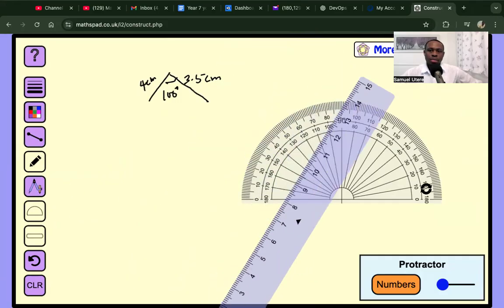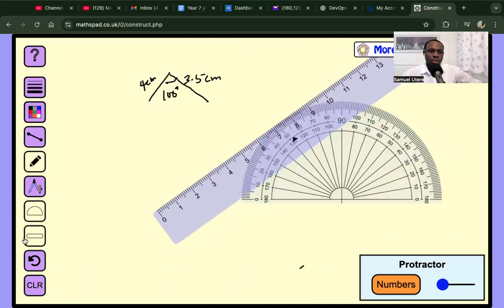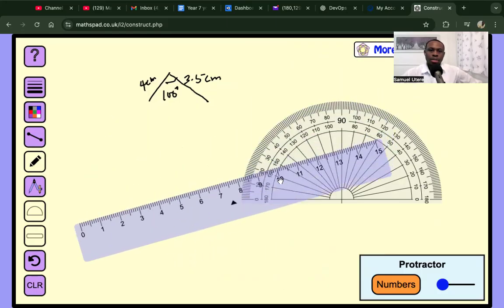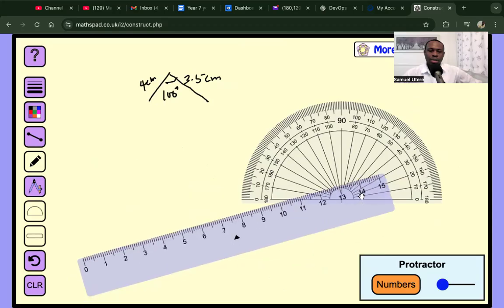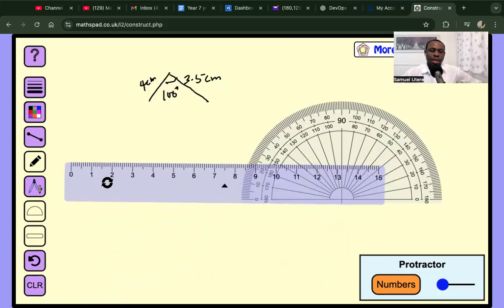So first, let's draw a 4 centimeter line. Remember, this is a side angle side construction. So let's draw a 4 centimeter line real quick.